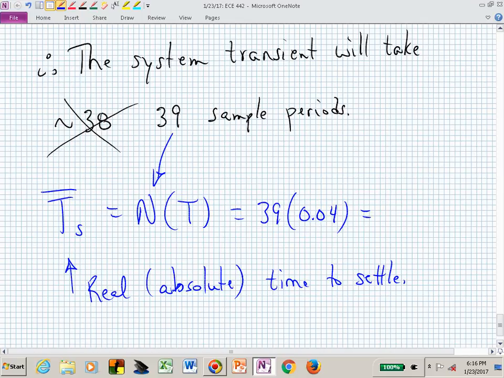Well, that's kind of a mess to compute, but 39 is close to 40, and I can multiply 40 times 0.04. So I'm going to think of this as 40 minus 1, or this is now 1.6 minus 0.04. Oh, that's not too bad. This is now 1.56 seconds. That's the settling time, if our sampling period was 40 milliseconds, 0.04 seconds.